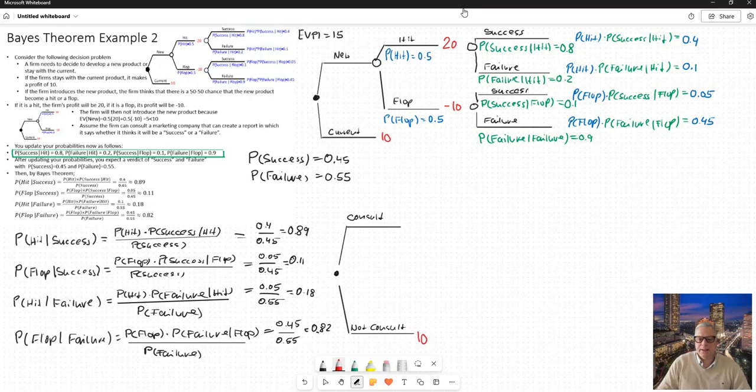Okay, when we consult, two things can happen. So now this is a chance node. The first thing that can happen is that they tell us it will be a success, or it will be a failure.